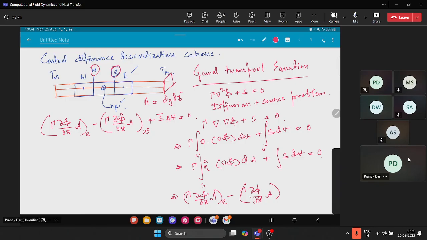If I consider this to be dz and this to be dy, this area is the cross section of the rod itself, and then plus S delta V equal to 0. S delta V gives you the source term.